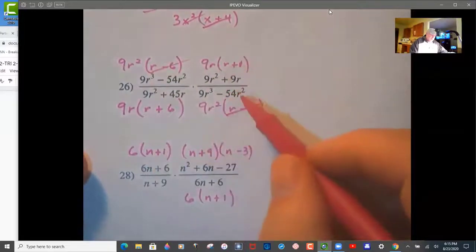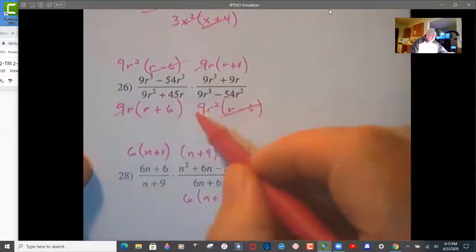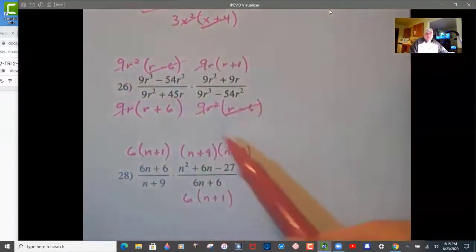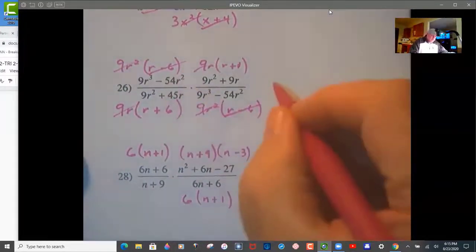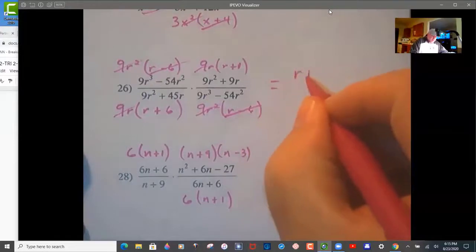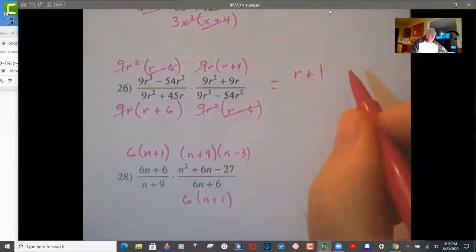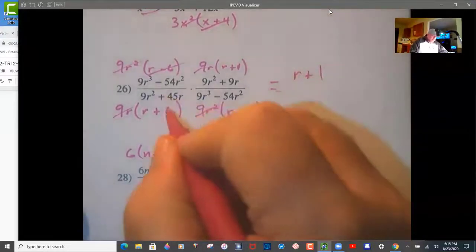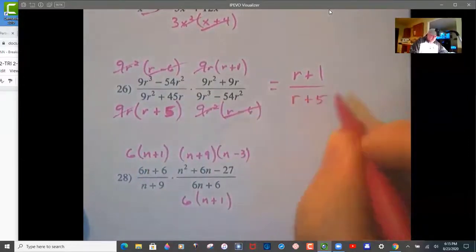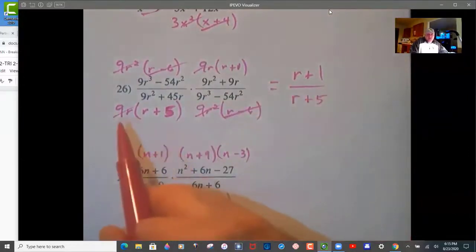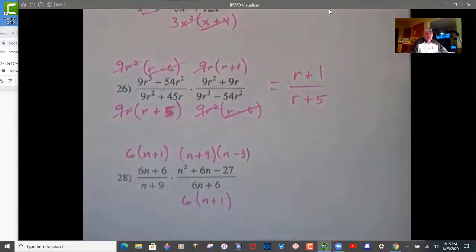Looks like the 9r's will drop, the 9r squareds will drop. So yeah, you can cross cancel. That will work all the time. So r plus 1 over, this should have been 5 here, sorry, over r plus 5, my bad. So that's an r plus 5. 9r times 5 is 45r.